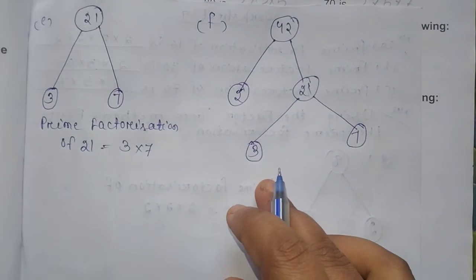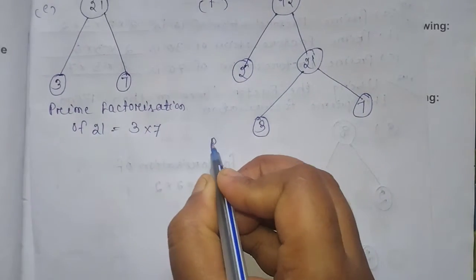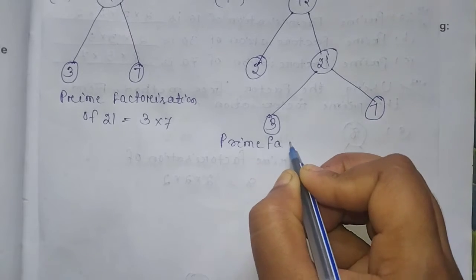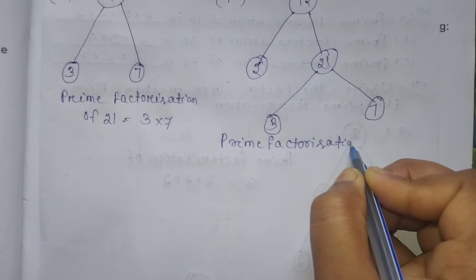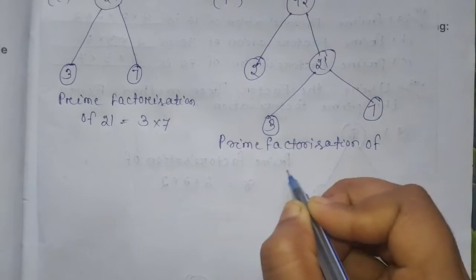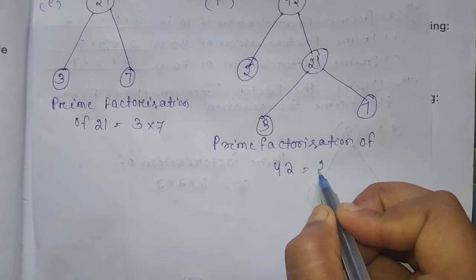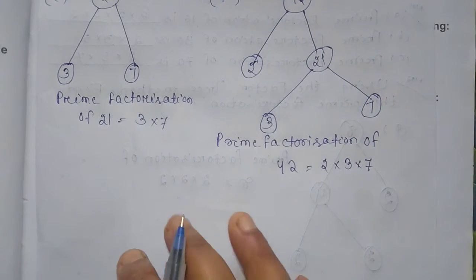So 3 is a prime number and also 7 is a prime number. So prime factorization of 42 equals 2 into 3 into 7.